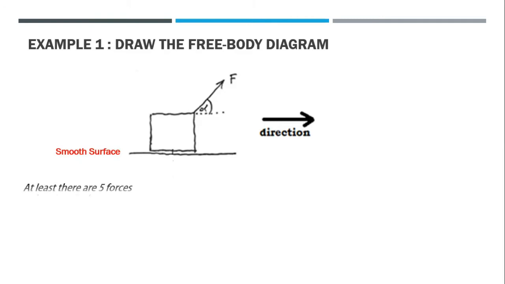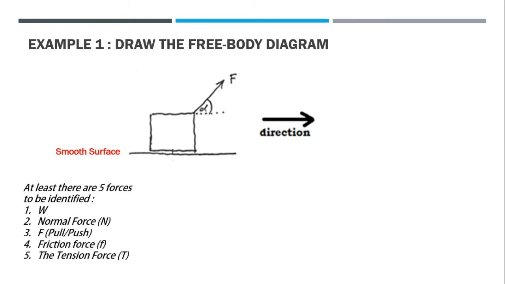Once again, I want to emphasize that there are at least 5 forces to be identified for one object. Number 1 is the weight force or gravity force. The gravity force is compulsory for all objects.